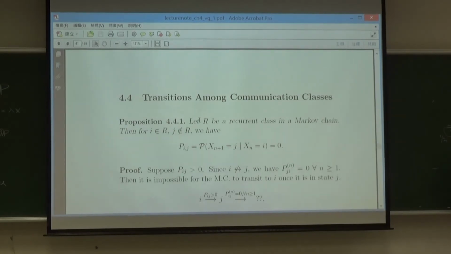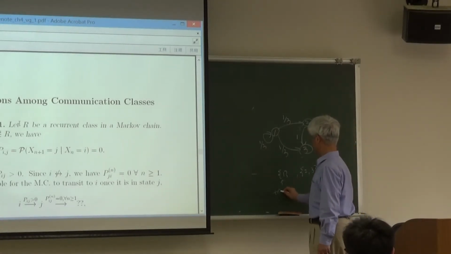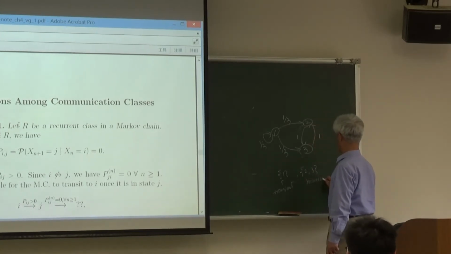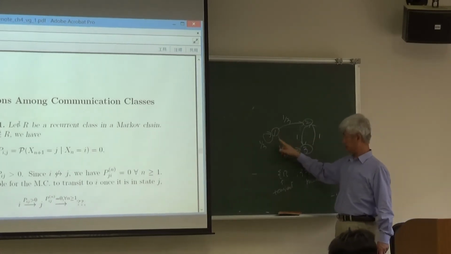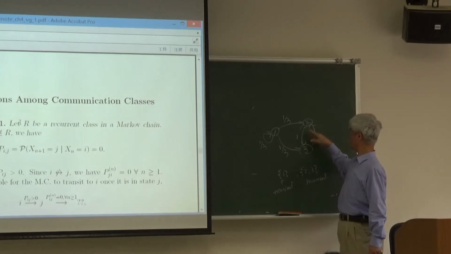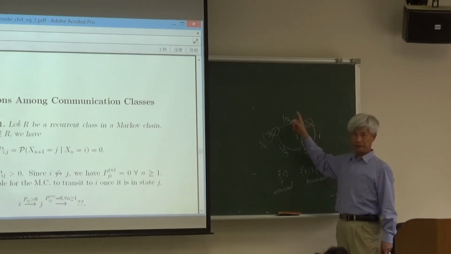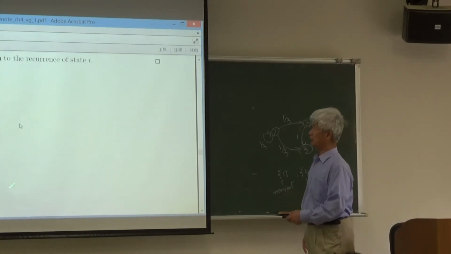States 2 and 3 are recurrent, but 1 is not recurrent, so 1 is transient, and this is a recurrent class. From a state not in the recurrent class, you can transit to the class, no problem. But 2 and 3 cannot have a transition out of the class, as stated in the proposition.